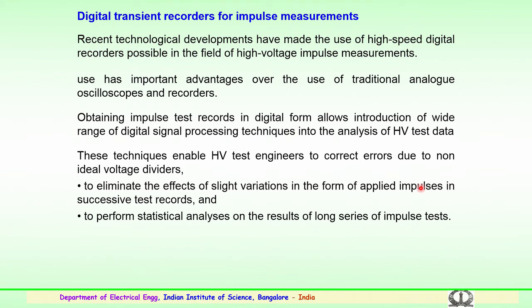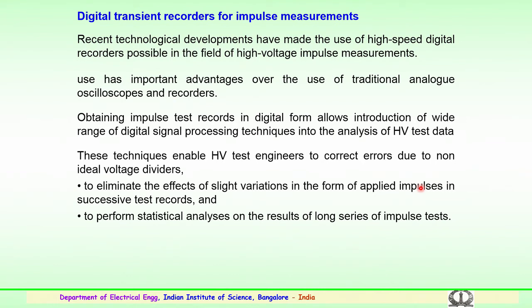Further to these measurements, recent developments have been happening in the measurement of high impulse currents, where digital transient recorders, particularly for impulse measurements, are being used. Recent technological developments have made possible the use of high speed digital recorders in the field of high voltage impulse measurements.